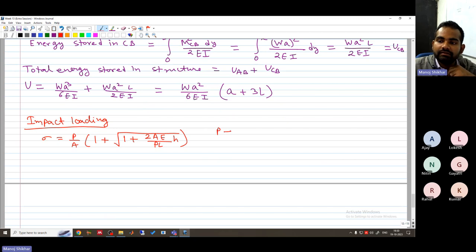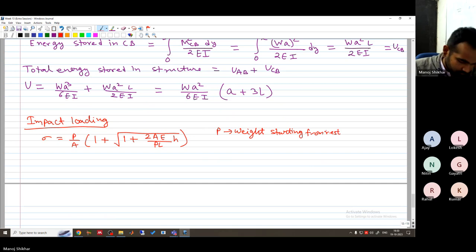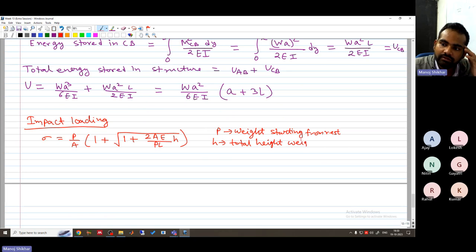Here P is the weight starting from rest, and H is the total height the weight has fallen before strike.